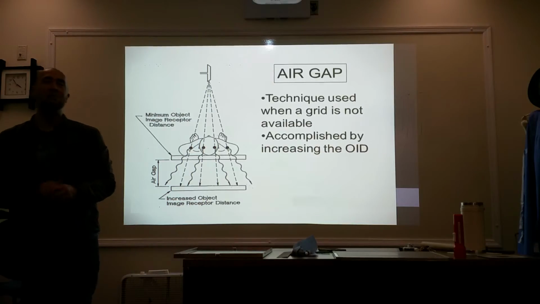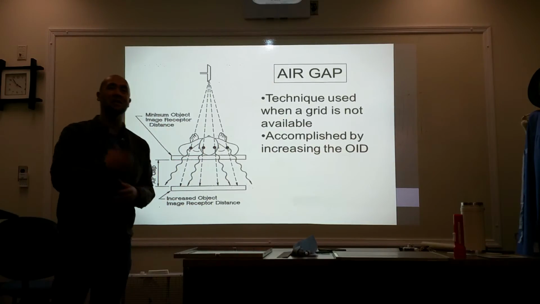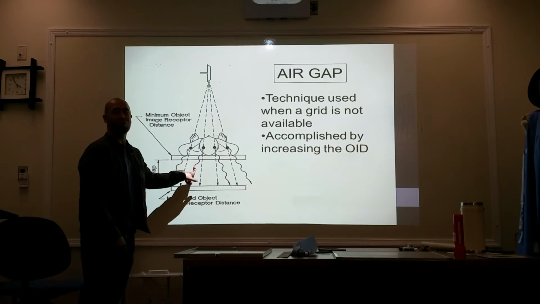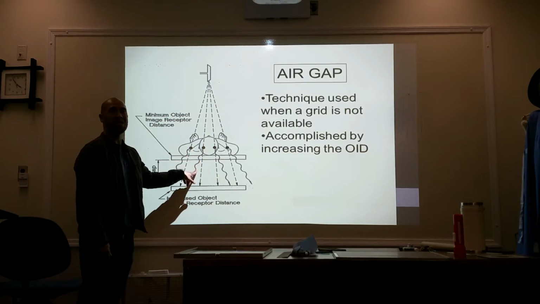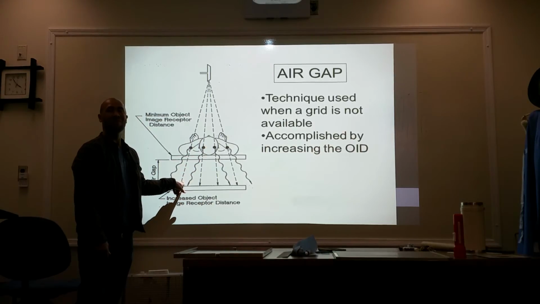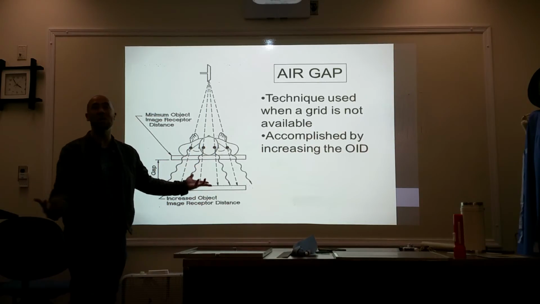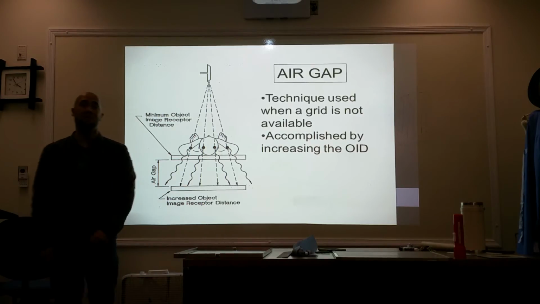And what I mean by absorbed by air, I don't necessarily mean it's being absorbed by air. What I'm saying is that as it travels further and further away, the intensity of the beam starts to decrease with each interaction with the air molecules. So it just deflects off the air molecules? Right. So by the time it reaches the image receptor, or it may not even reach it, it's too weak to even penetrate your image receptor.